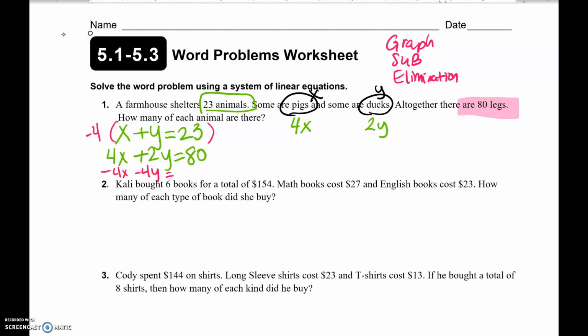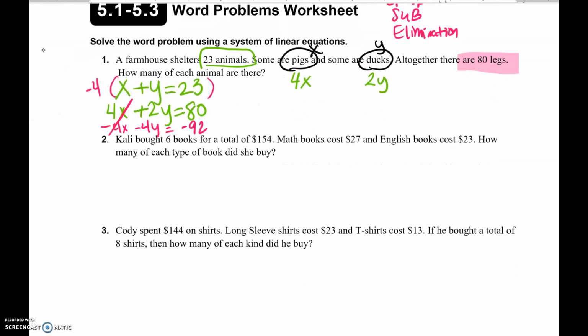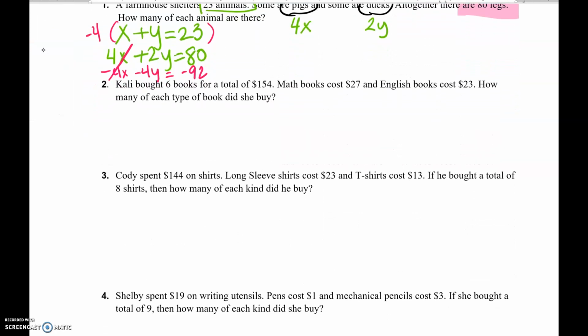Okay. And then that way your x's cancel. But remember, it is up to you. So if you like substitution better, use substitution. But use those 2 green equations in order to help you with number 1.